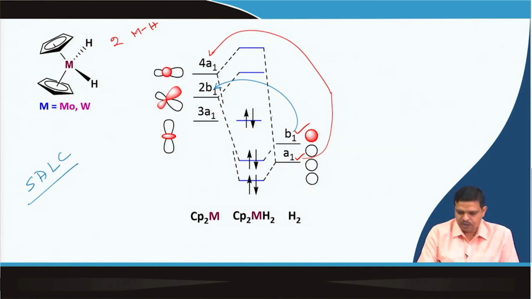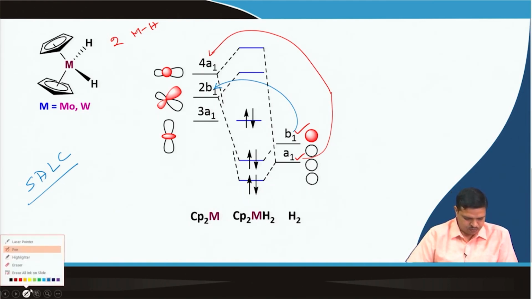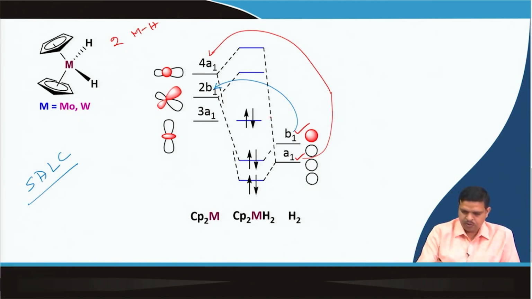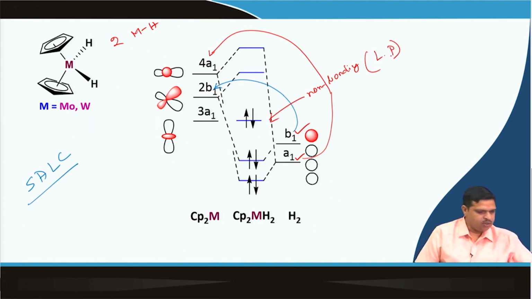Now, here you will see this is my non-bonding orbital. That means this is my lone pair. So this will have one lone pair, as I wrote here.